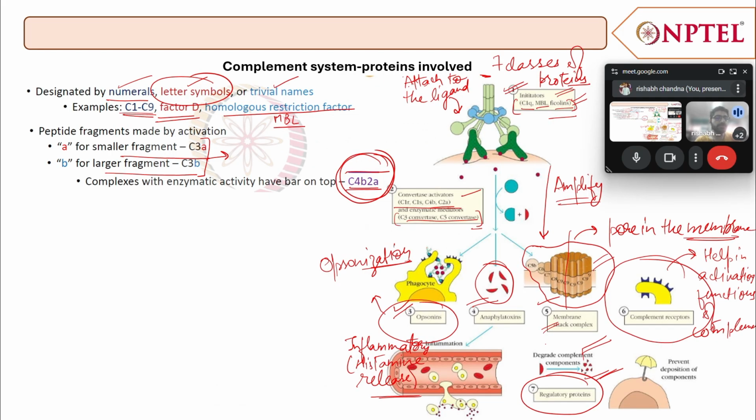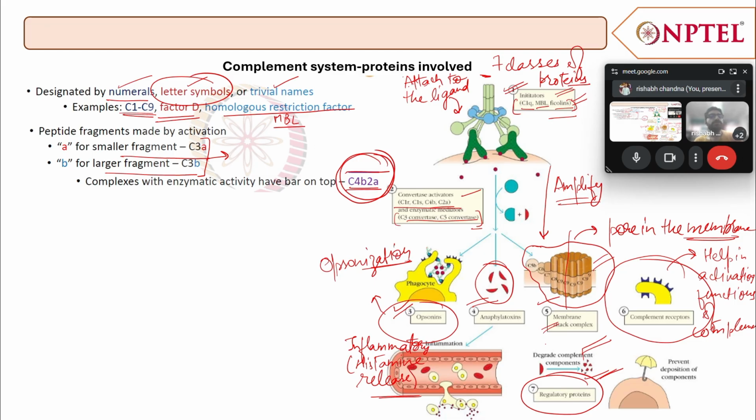Okay, so any doubt still here? Good evening, sir. Good evening. Sir, in the example it's showing complement proteins from 1 to 9, but you are saying there are 7 classes in total. I'm a little bit confused.